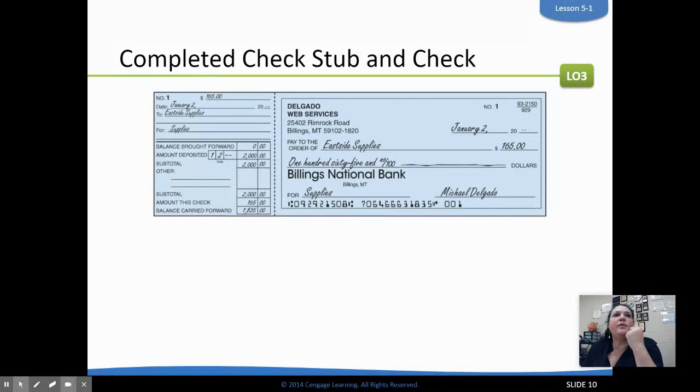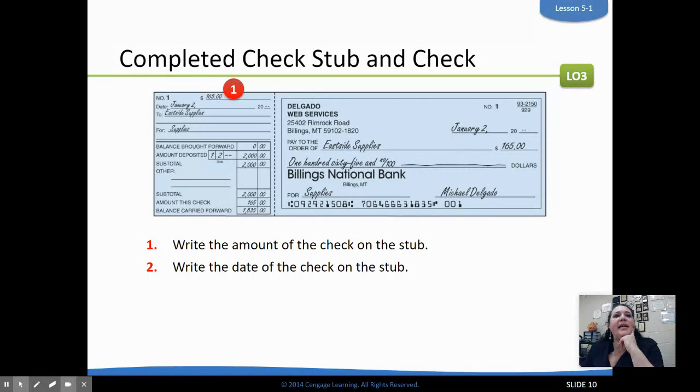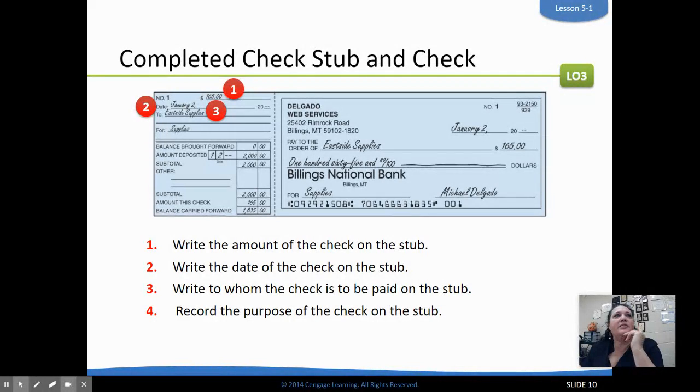Okay, so this is what a completed check stub and check looks like. On this one, we wrote this out to Eastside Supplies for $165. So we're writing the amount of the check on the check stub. At the very top, you see $165. Then we're going to write the date of the check on the stub, to whom the check is paid, and what it's for, which is the purpose.